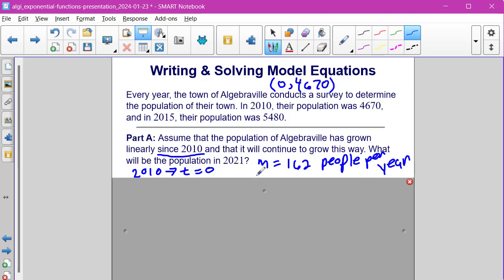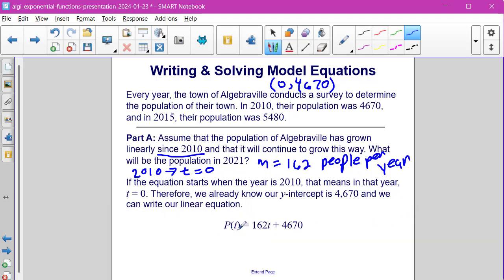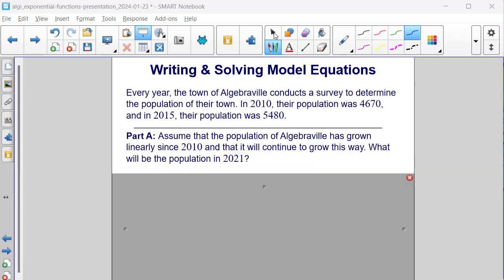So therefore, our b value, or our y-intercept in this linear equation, is going to be 4,670. And now we can write our linear equation. We have our slope, we have our y-intercept. So the function will be the population in terms of time is equal to 162 times t plus 4,670.